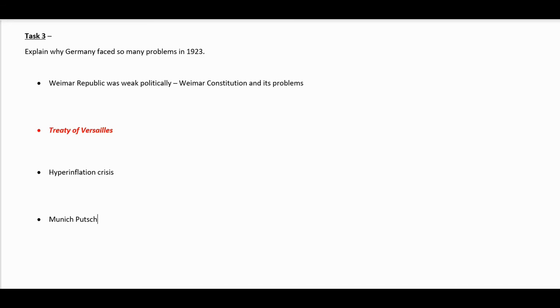So what we're doing, which is unlike the answer that we've just looked at, we've got the points and the evidence, we're weaving them together in an argument so that we can say that we have a sustained argument. And our argument is that the long-term problems caused by the Treaty of Versailles and the political weaknesses of the Weimar Republic help to explain why the hyperinflation crisis and the Munich Putsch were such problems in 1923.